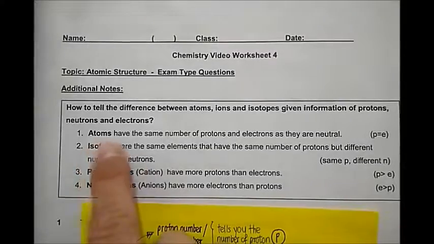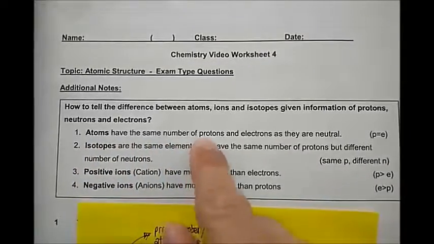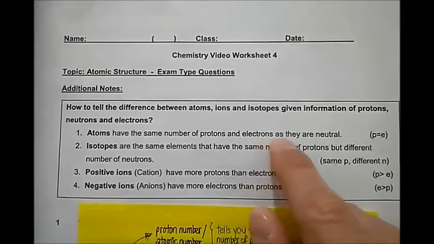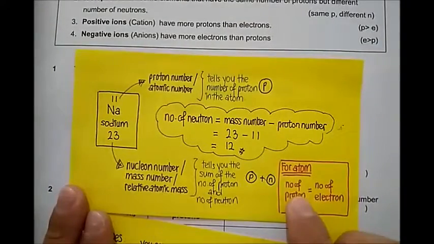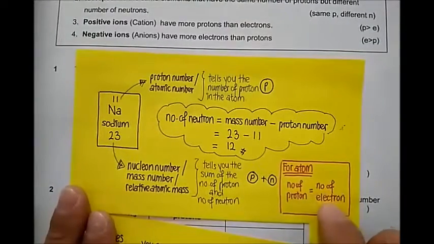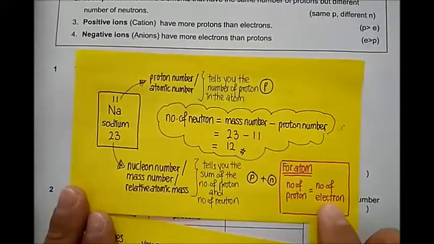Now first, let's look at atoms. Atoms have the same number of protons and number of electrons, as they are neutral. If you recall from the revision video, I mentioned that for an atom, the number of protons is equal to the number of electrons.